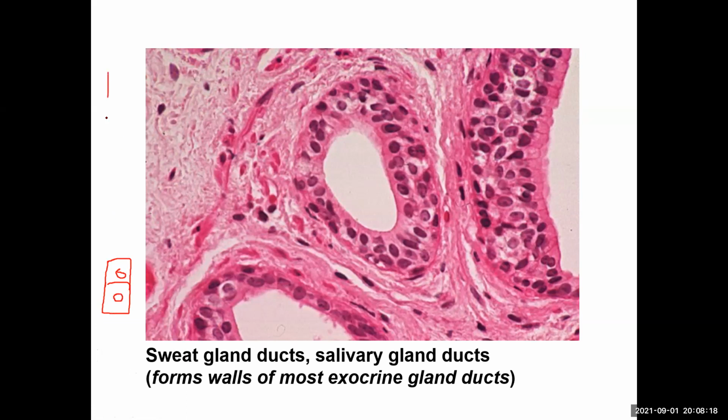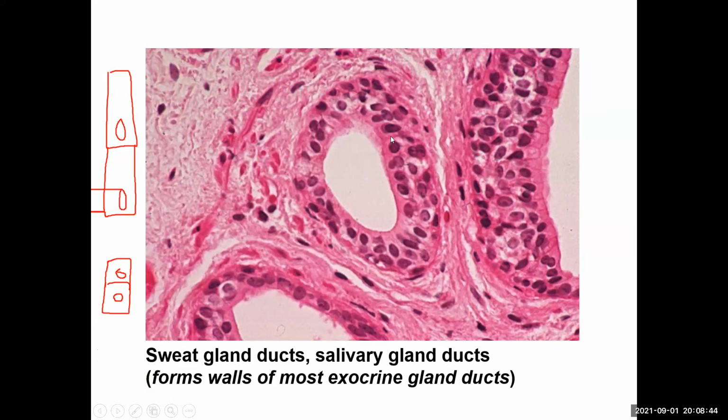Now, I'm going to stack two columnar epithelial cells on one another. You kind of see the difference now and what I'm referring to. You can see that there's much more space between these two and these two.